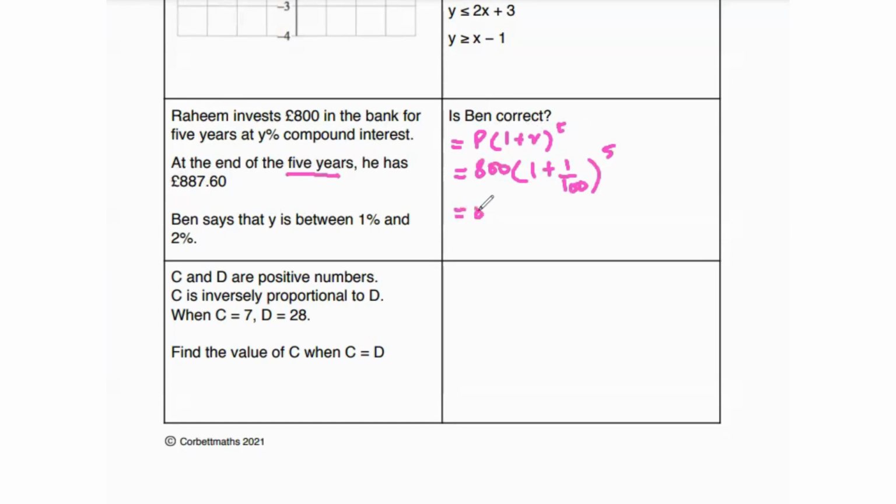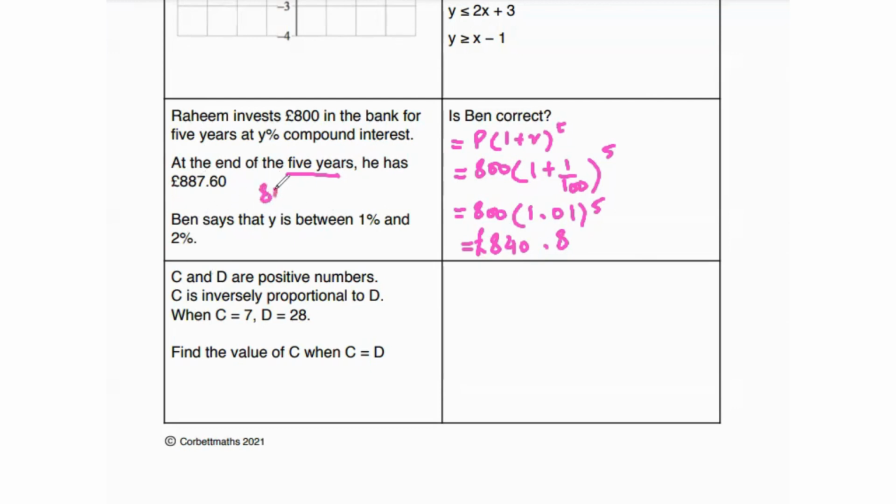So that's going to give us 800 times 1.01 to the power of 5, which equals 840.8 pounds.